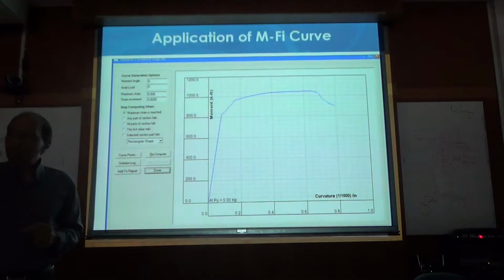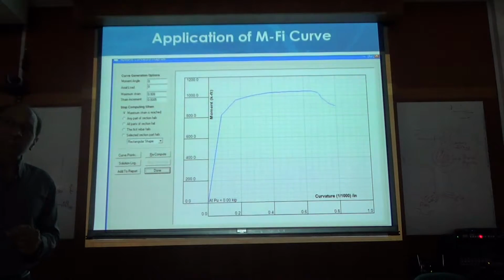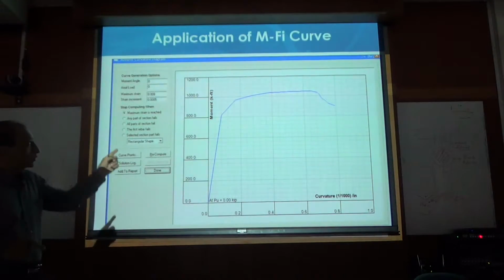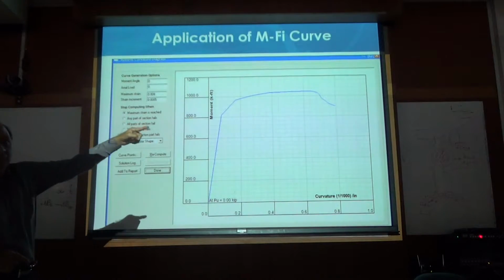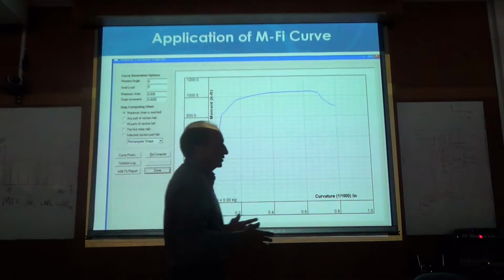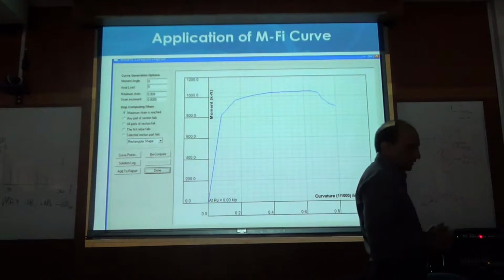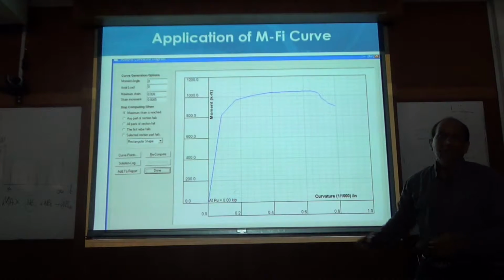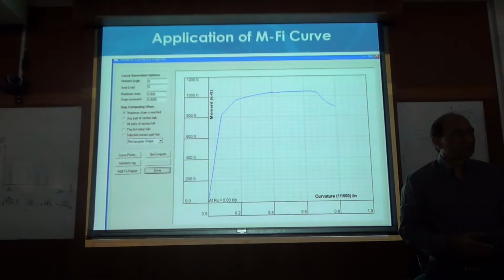So every time one part of the section fails or one rebar yields, the curve changes. So you can see those changes coming from various rebars reaching the yield level. And then here, at that point, the concrete starts to fail also.